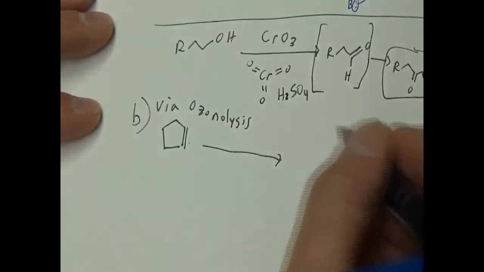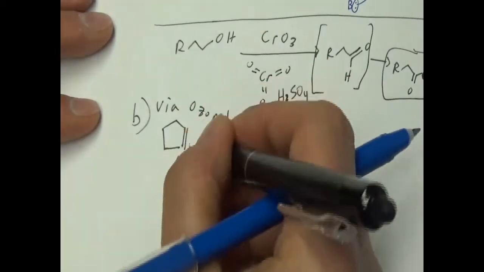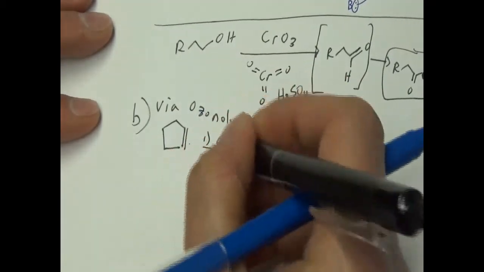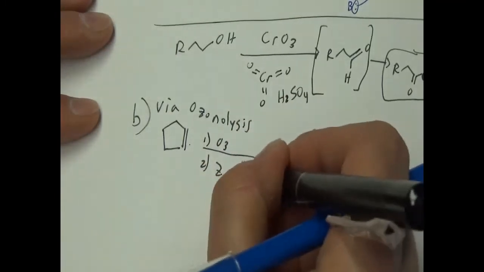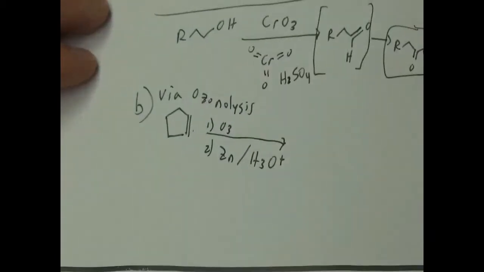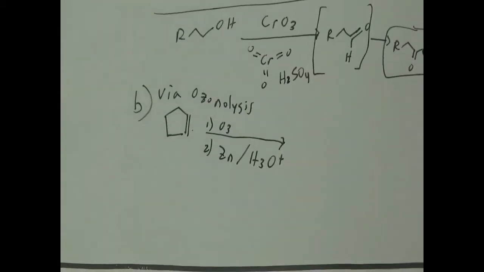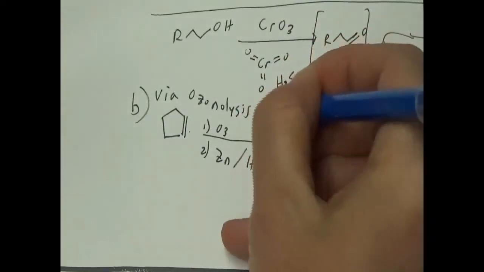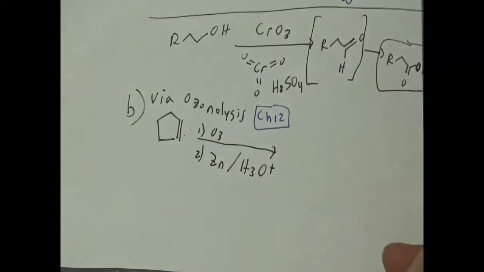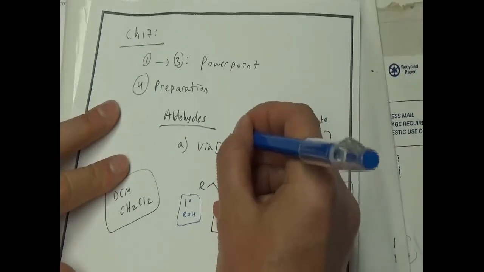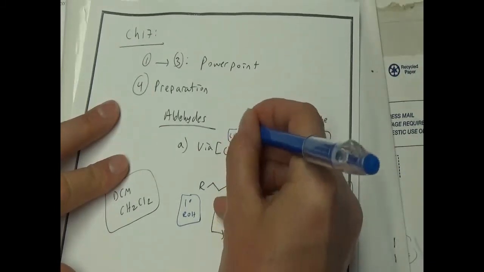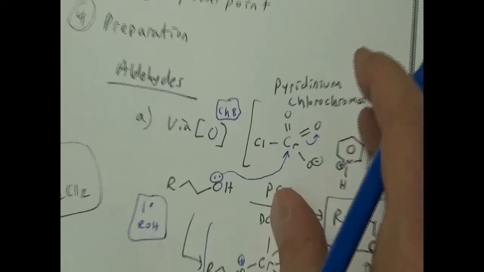So if we react an alkene with O3 followed by zinc and acid, we can make aldehydes. This is chapter 12 actually, CH12. We learned about this in Organic 1. And this one up top we learned in chapter 8, I think. Oxidation was chapter 8.